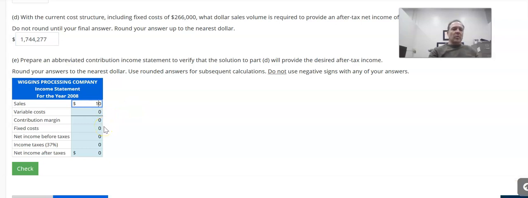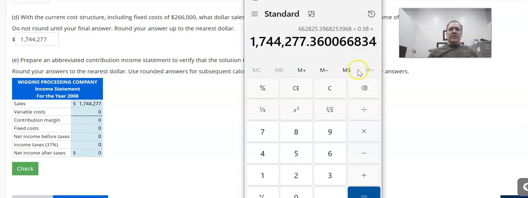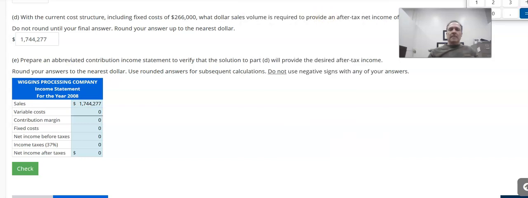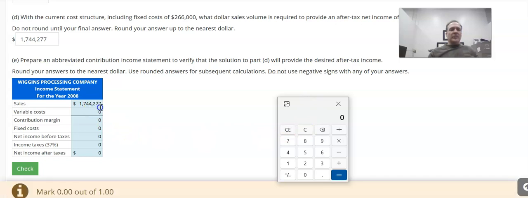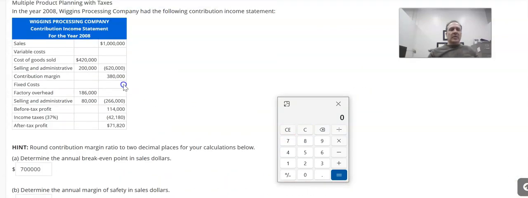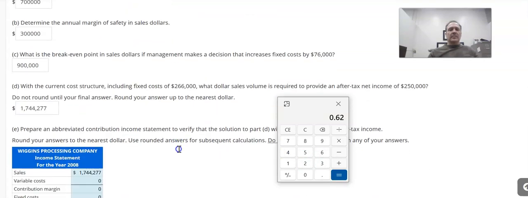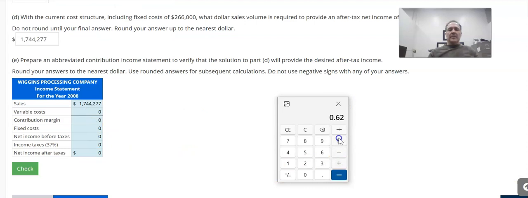So sales are, let's see here, 1,744,277. Okay, and then what we also want to do here, let's make this a little bit smaller. Remember our contribution margin ratio was 38%, but we can also see that we have variable costs of 62%, so we can take that 62% and multiply it by sales.